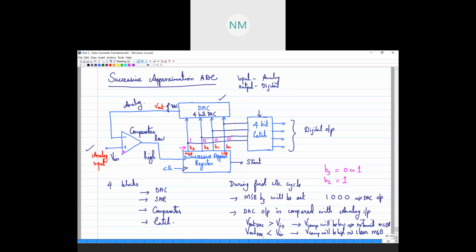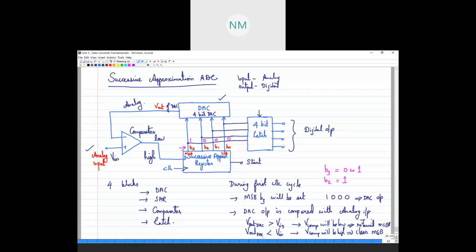Again the comparator will produce a low or high, so that will again set, clear or retain your B2 bit. So in a similar way, all the bits will be set. At the end of the fourth clock cycle, your B0 bit will be set and this comparison will be done, right?